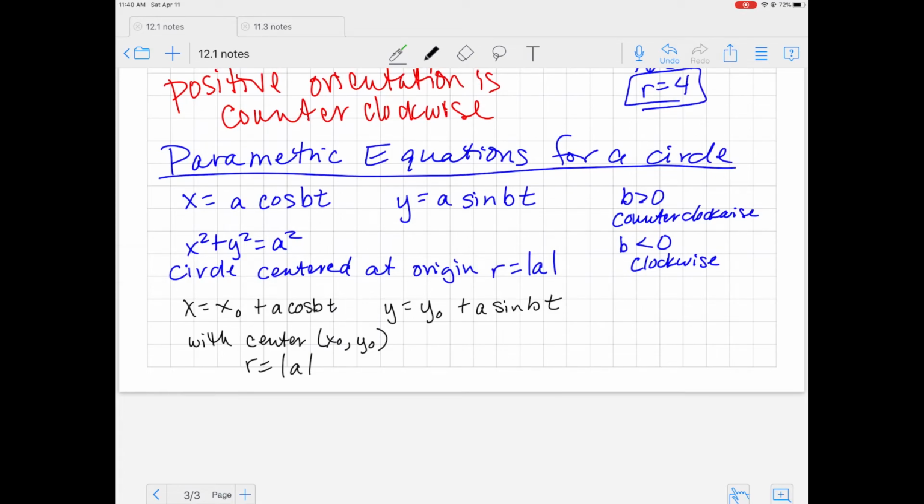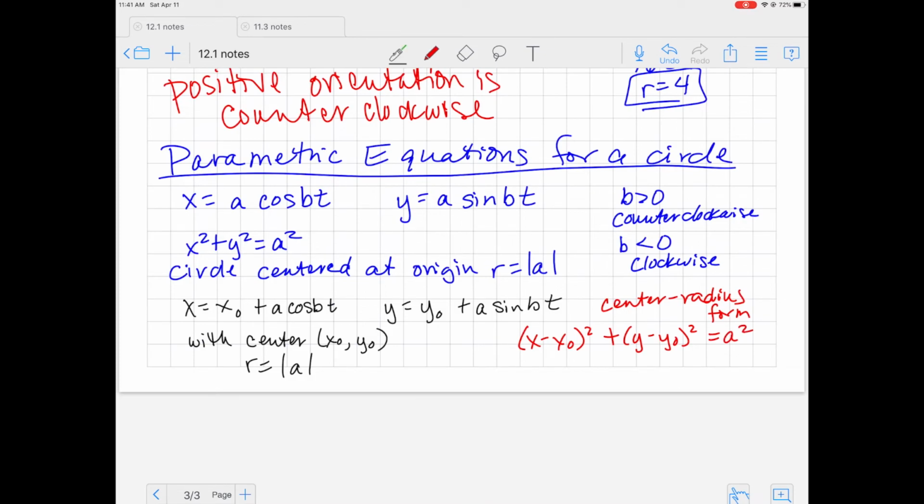It is a big shift. And here's center radius form. Just like we talked about before, if we use these same variables, x minus x naught squared plus y minus y naught squared is equal to a squared.